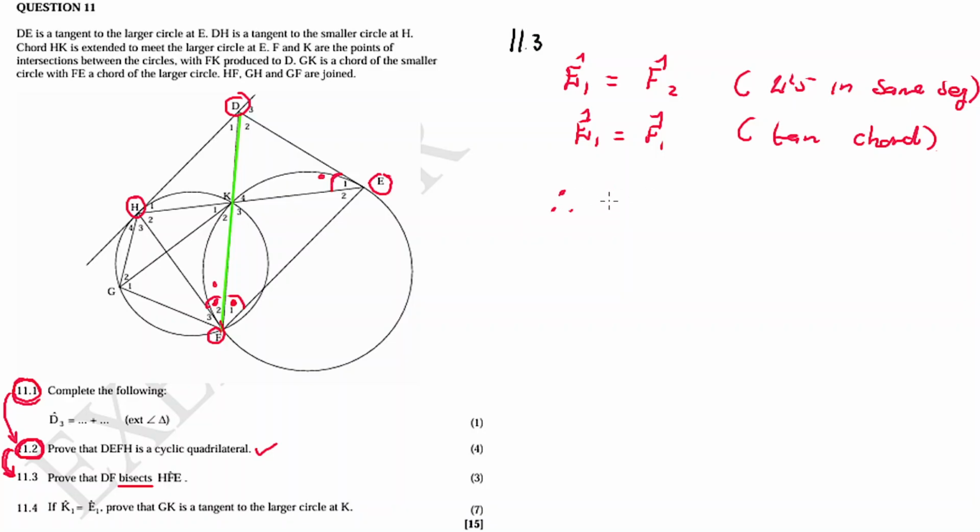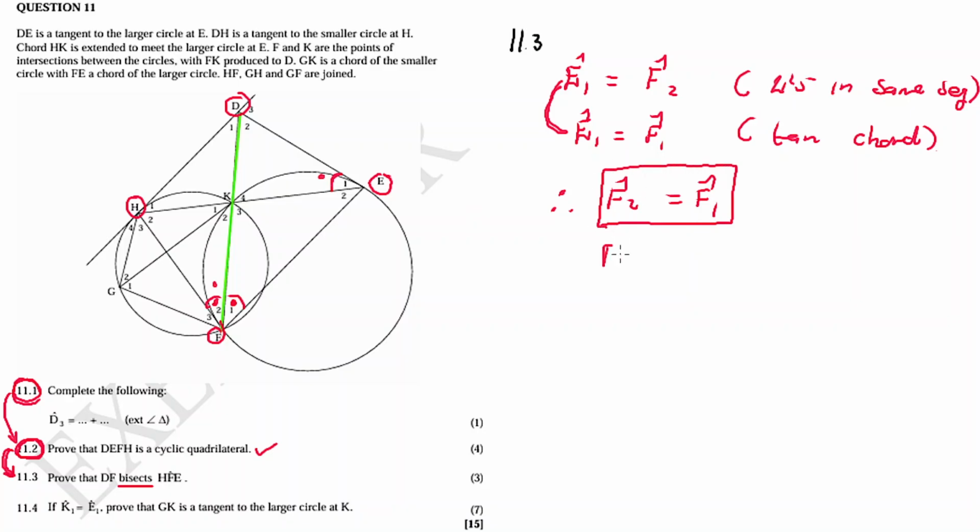Therefore F2 is equal to F1 because they are equal to a mutual angle, which is E1. So this is how we prove that our angles are equal.